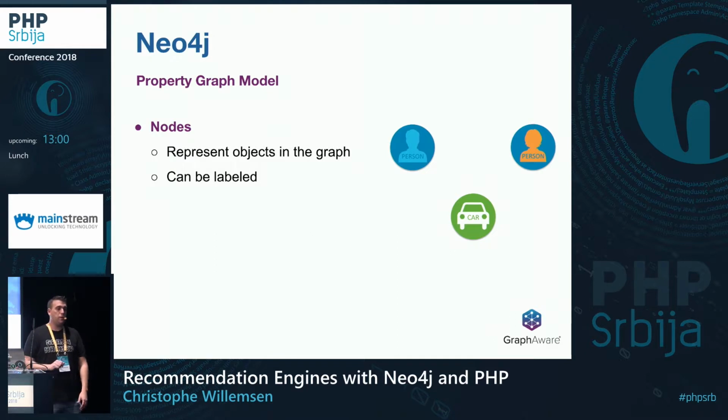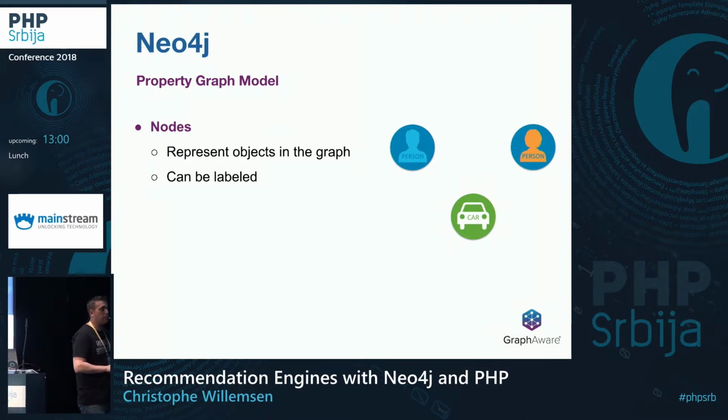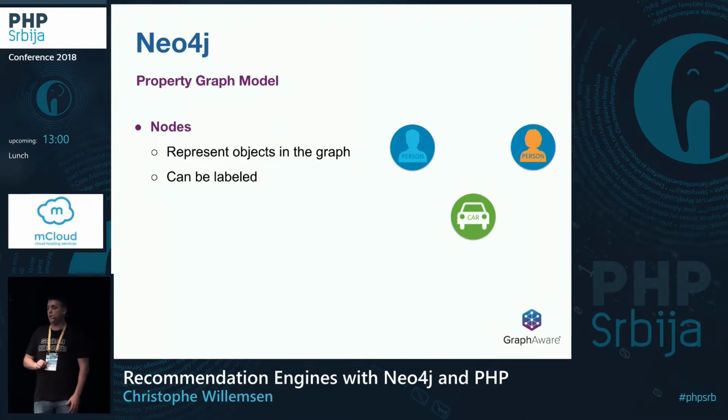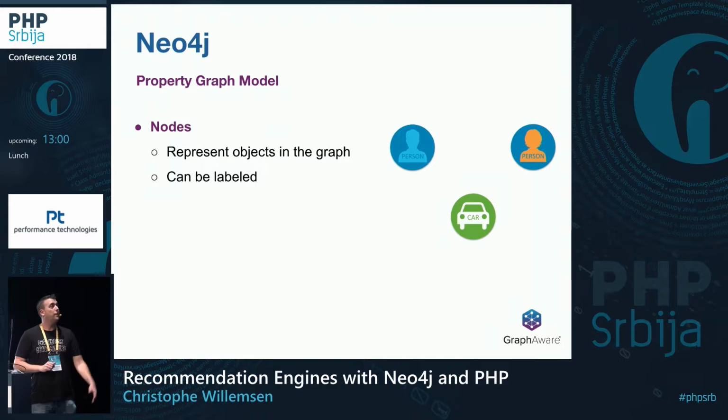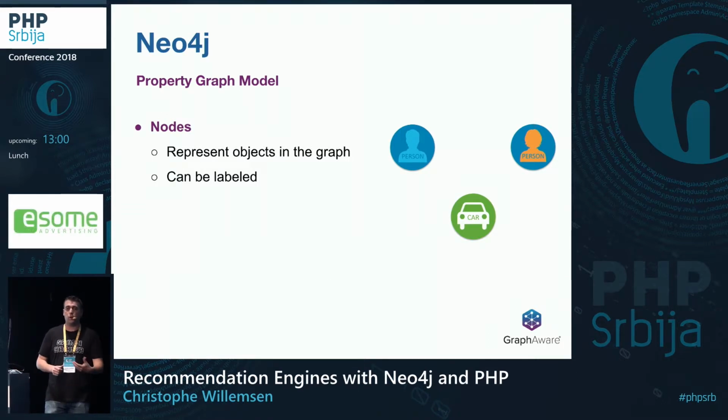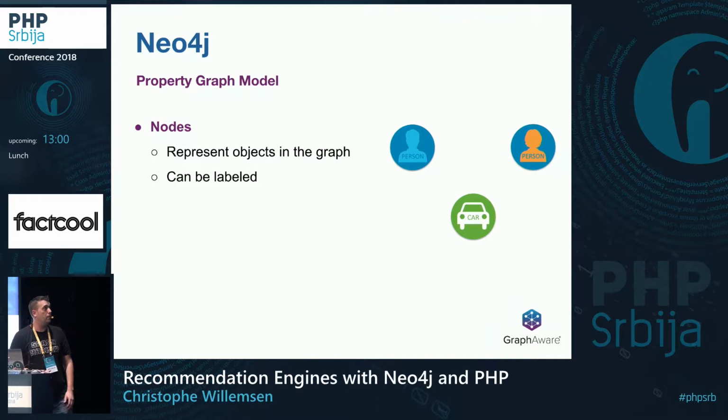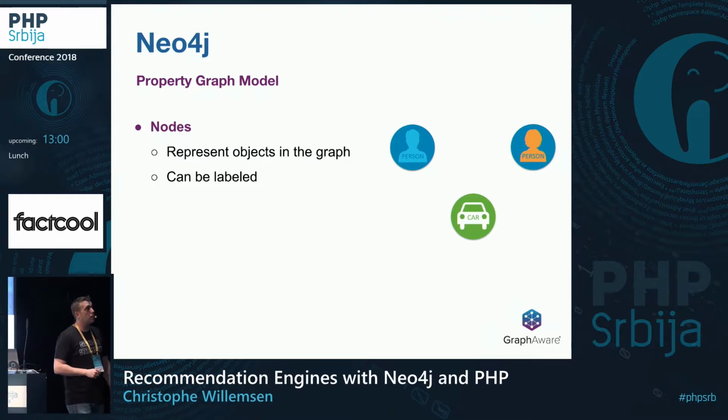Neo4j is based on the labeled property graph model. In the graph, you have nodes or bubbles, which represent objects: a person, a car, a movie, another contact, etc. And nodes can have a label, here person and car.